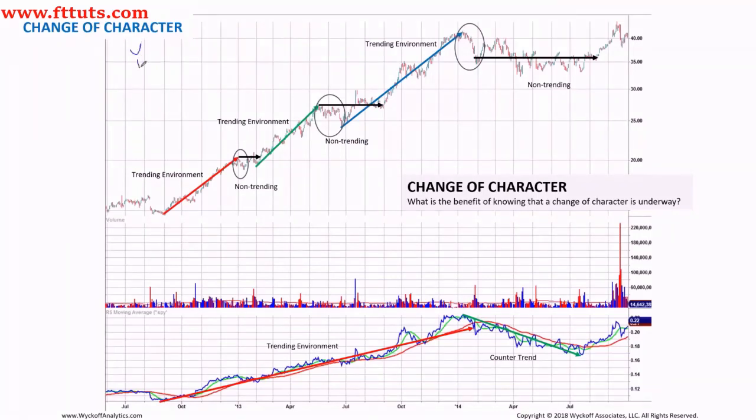So this is Yahoo. You guys don't see this, but this is Yahoo, and this is 2012, 2013, 14. Yahoo actually was such a great trade out of 2012. There was a management change that came aboard, I believe in 2012. There was quite a big trading range that came out of the oversold condition.